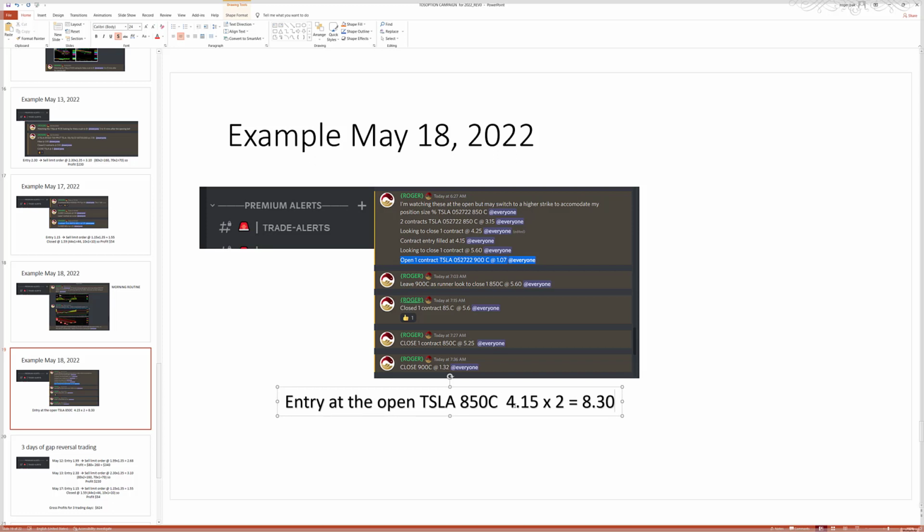That's going to cost $830, and then the exit price was 5.60. One was 5.25, so we'll just do it separately. 5.60 minus 4.15 is $1.45.